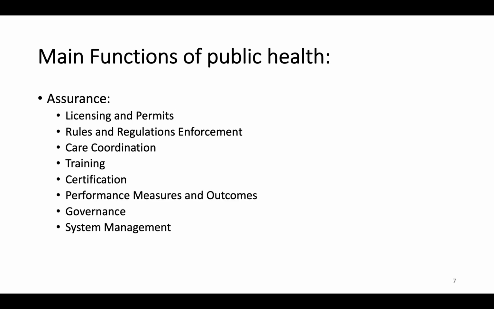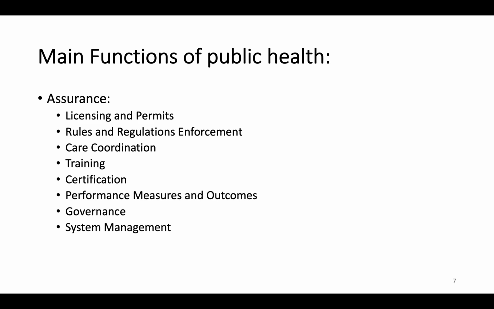The third role of public health is assurance of availability. Are the resources available for your population? Part of the assurance is licensing and permits.